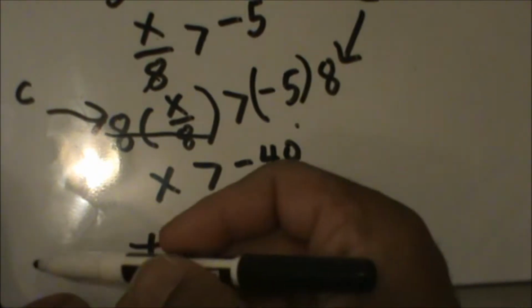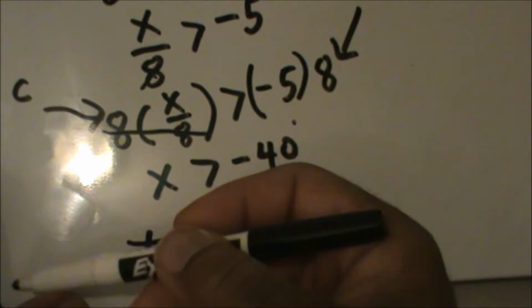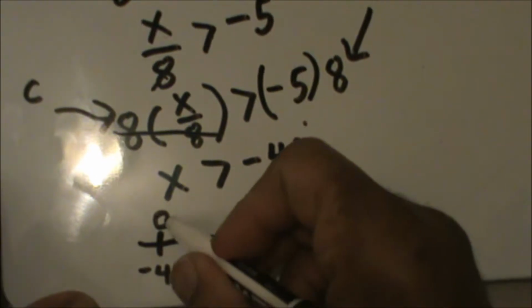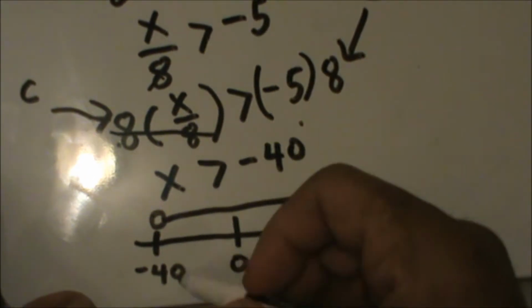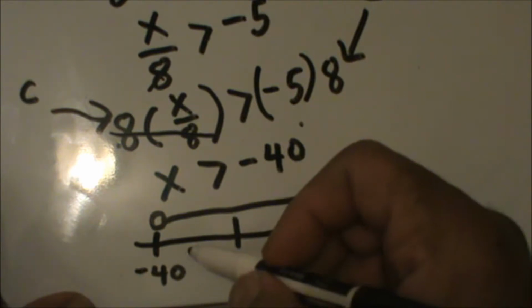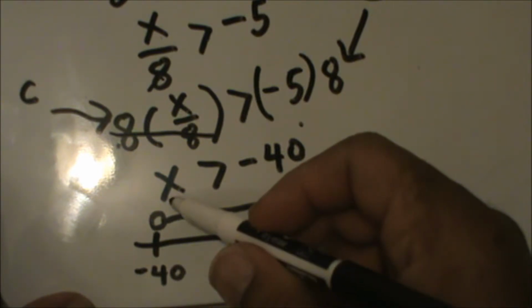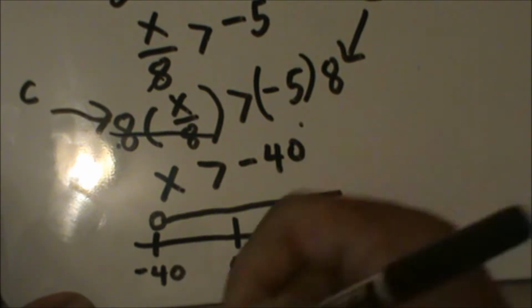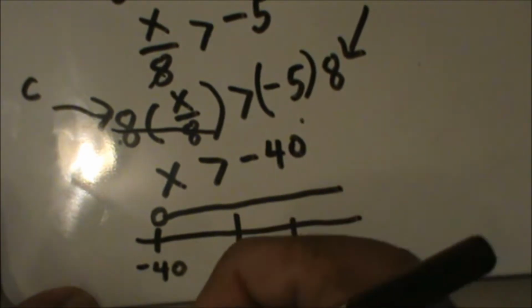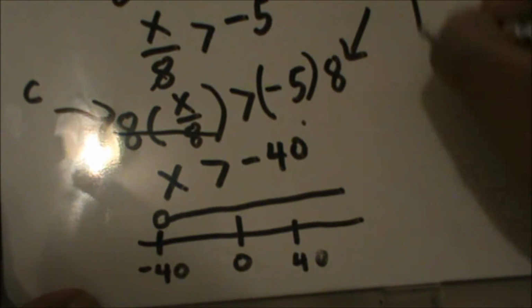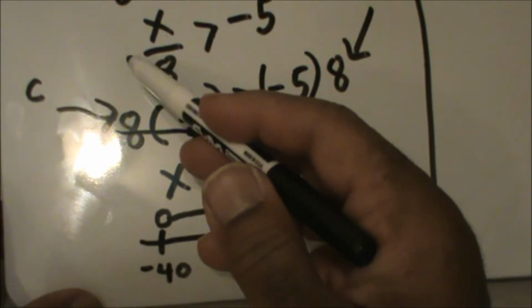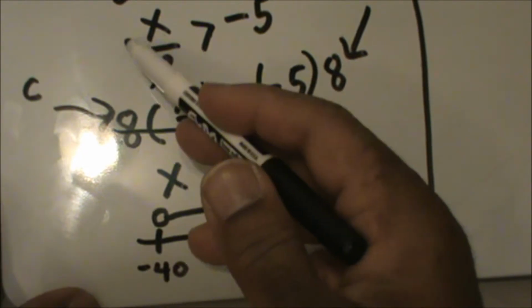The numbers are getting smaller going this way, so it can't be this way. So it's going to be an open circle, and then it's going to go to the right. Negative 39 is greater than negative 40, and 0 is greater than negative 40, so it's in the right direction. This is the example of using multiplication on both sides.